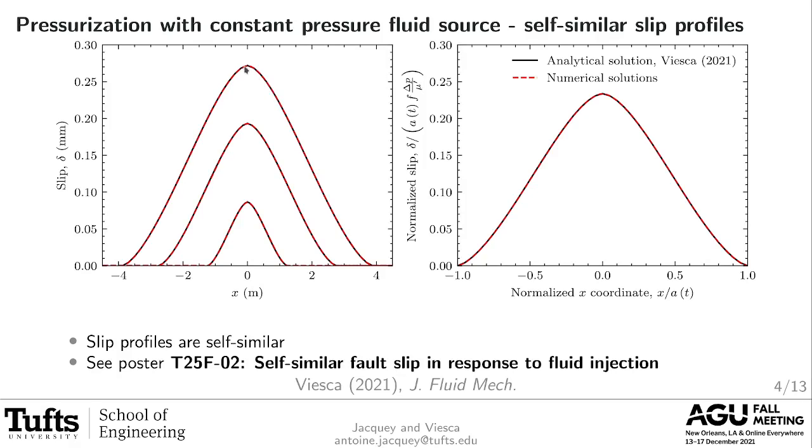In black you see the analytical solution developed by my co-author and recently published, and in red our numerical solutions. A particular property of this system is that if we choose the proper scaling, all these curves can collapse into one, meaning that the slip profiles are self-similar. If you want to know more about these results, you can have a look at my co-author's poster, which is going to be on Tuesday, December 14th.